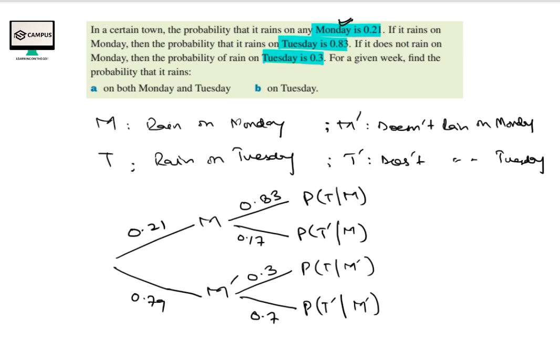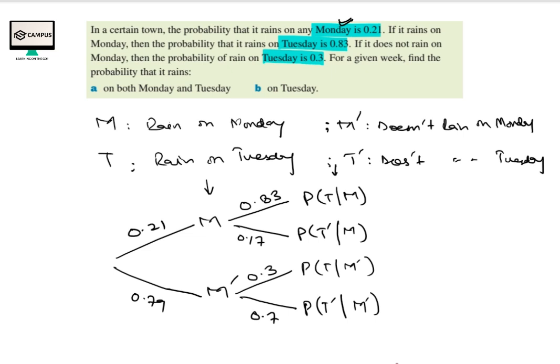So this is our first event, whether it rains on Monday or not. And then this here is our second event, which is dependent on whether it had rained on Monday or not. It's also beneficial to mention here, and I'm going to write in red, that the product of these two probabilities gives us the intersection.